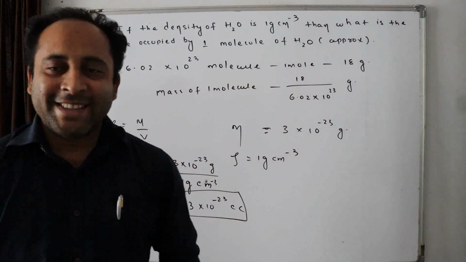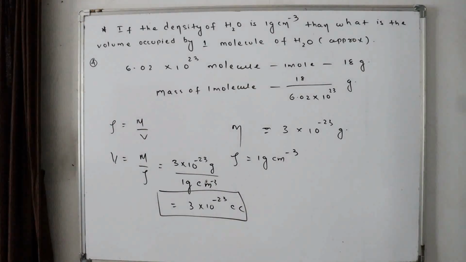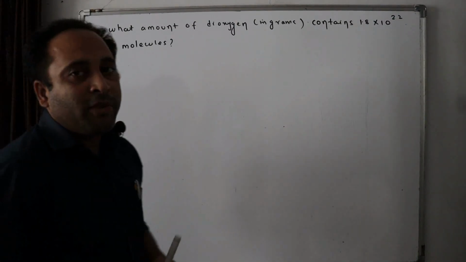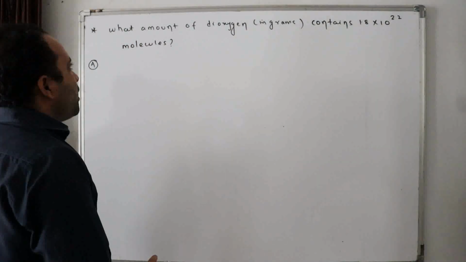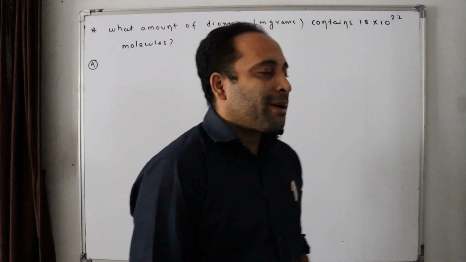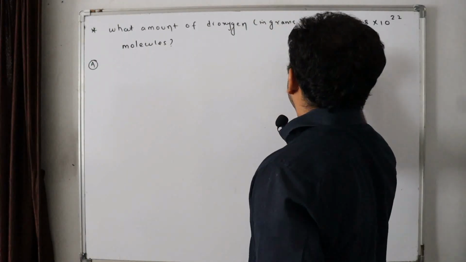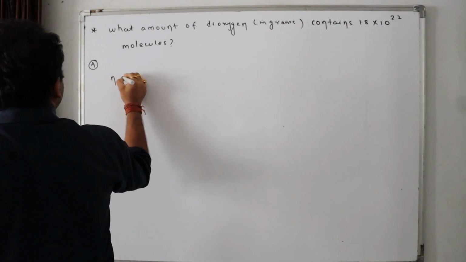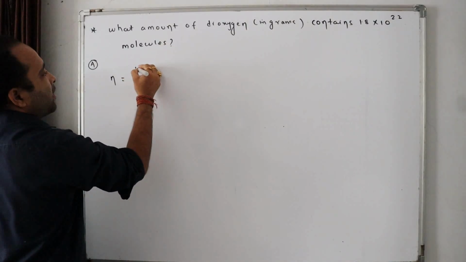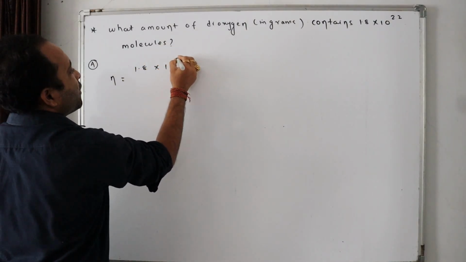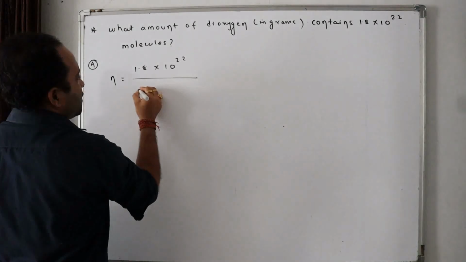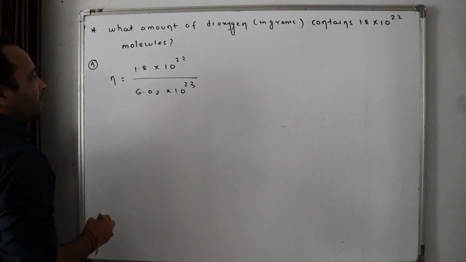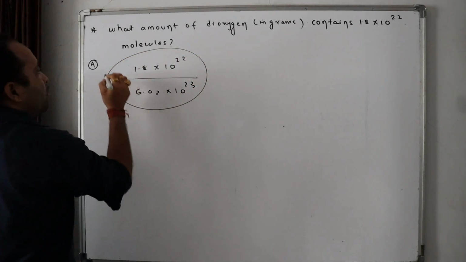Okay, easy. Here comes one more easy question. What amount of dioxygen in grams contains 1.8 into 10 to the 22 molecules? Now, number of moles is 1.8 into 10 to the 22 by 6.02 into 10 to the power 23, isn't it? This is the number of moles.